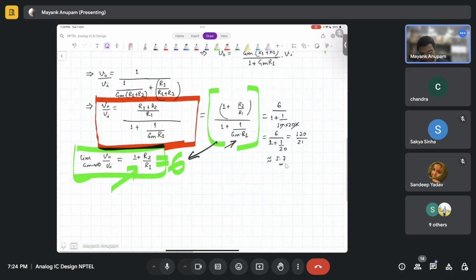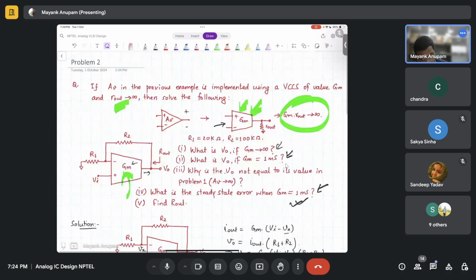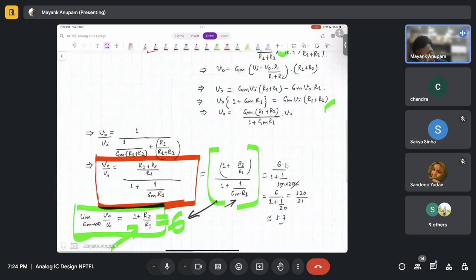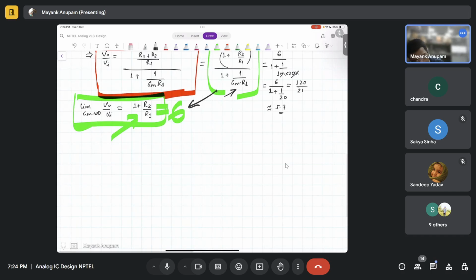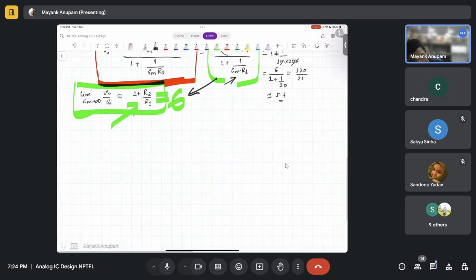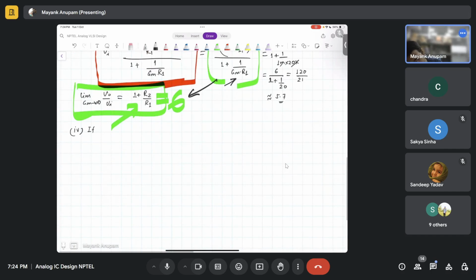So now tell me, if Vi is equal to 1 volt, this is which question? 4. If Vi equals 1 volt, then the ideal value of V0, this will happen when Gm becomes infinity, right? And this will be how much? 6 volts, correct?